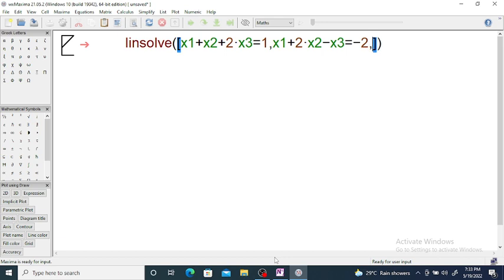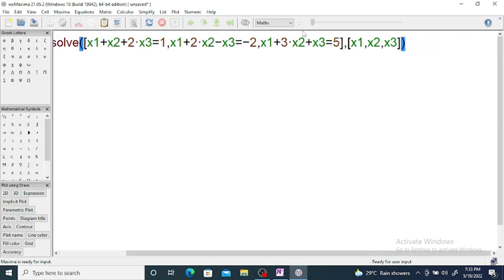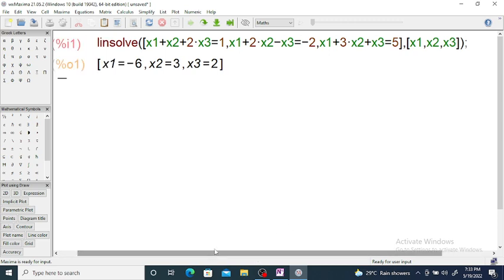And next, x1 plus 3x2 plus x3 is equal to 5, and the variables are x1, x2, x3. Okay, so variables are x1, x2, x3, and you can see here what is the value of x1. x1 is minus 6, x2 is 3, x3 is 2.